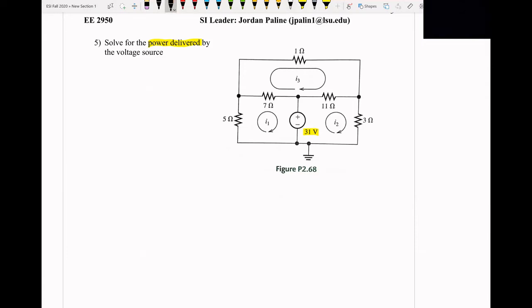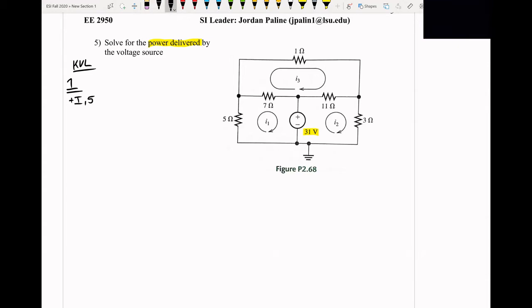And what does our mesh loop analysis actually mean for us? It means that we're going to go through and do a bunch of KVLs on each loop. So if we do the first loop, we'll say plus I1 times 5.